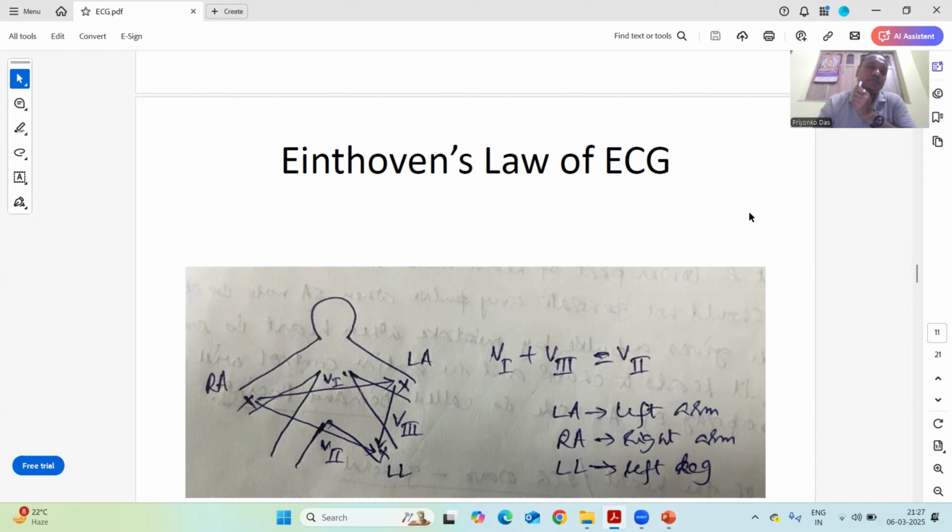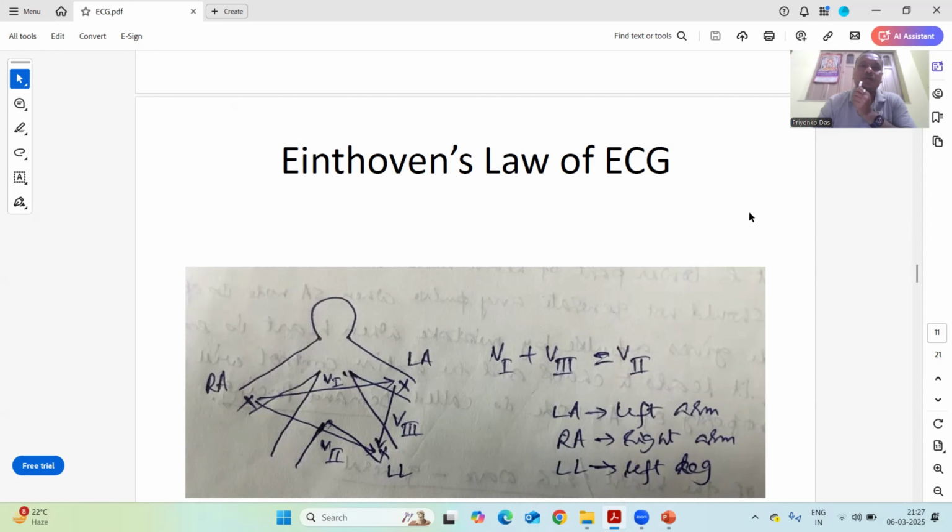That diagram shows Einthoven first took his own ECG by putting both hands and a leg in the buckets to see what the ECG was doing.